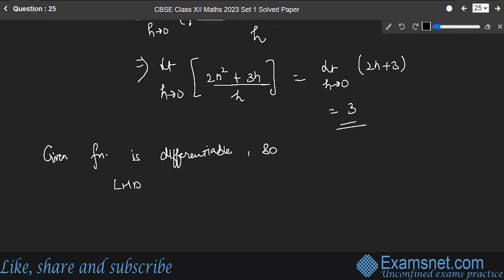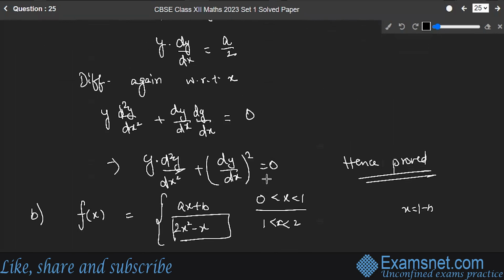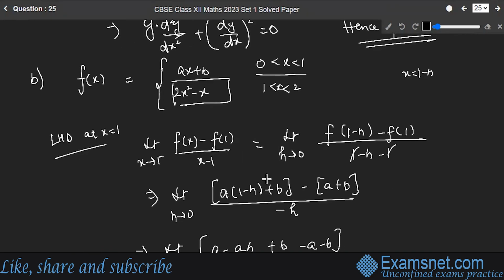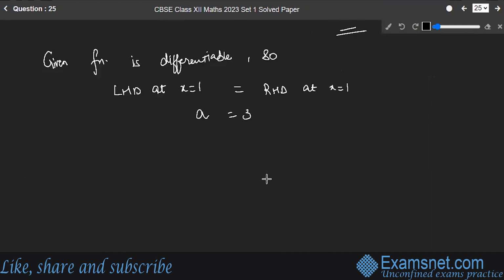So left-hand derivative at x is equal to 1 is right-hand derivative at x is equal to 1, which makes a is equal to 3. Right? So we got the value of a. Now what about the value of b? We need to find out. This is number 1. We got the value of a. Now let's go on to solve for b.